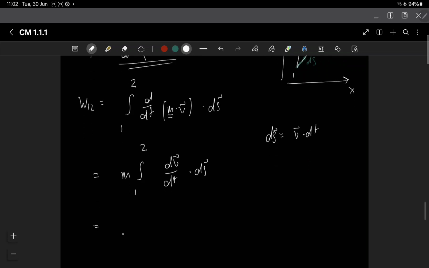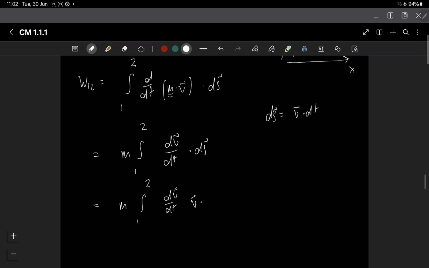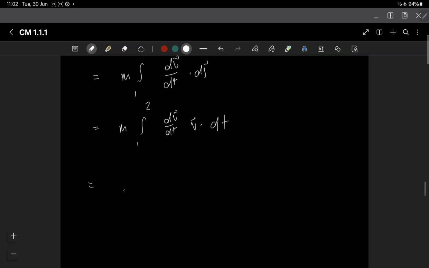So we can write this as m, the integral from 1 to 2 of dv by dt dot v dt. And now this is the same thing as m, the integral from 1 to 2 of d by dt of v squared over 2, dt. Why is that? Let us try it out.